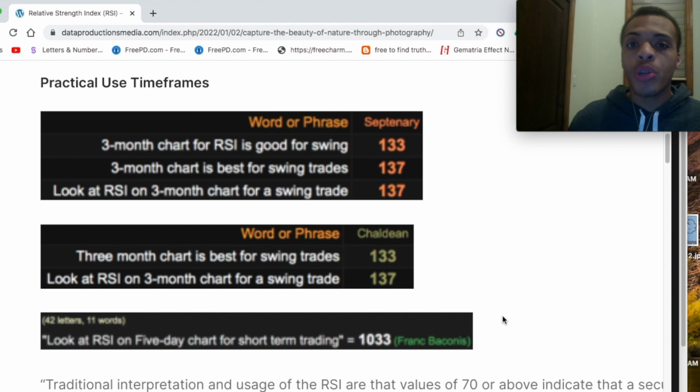Now to practical use time frames. You can use the RSI for any time frame, whether it's day trading all the way up to long-term investing. When you buy or sell a stock, equity, or any other asset, that's when you become a trader. So we all become traders at one point.